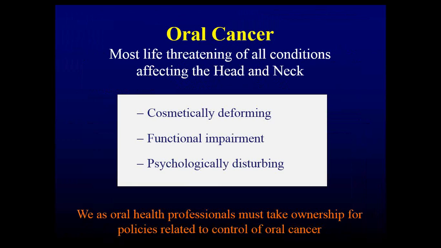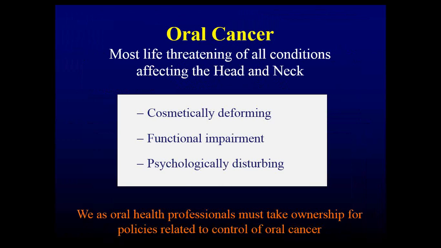So just coming to the end part of my presentation, we know that oral cancer is one of the most life-threatening of all conditions. Not only because it is fatal to the patient, but also because even if the prognosis is good, it is cosmetically deforming.